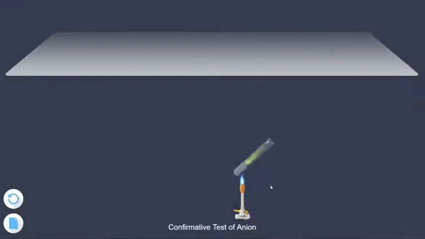Greenish-yellow chlorine gas is evolved, which is detected by its pungent odor. This confirms the chloride ion.